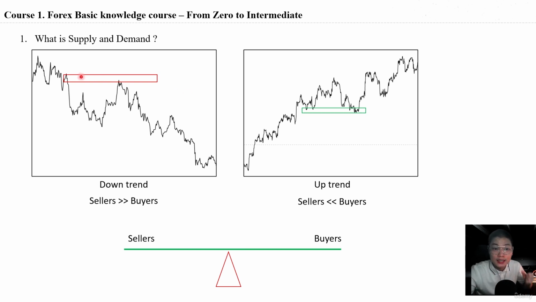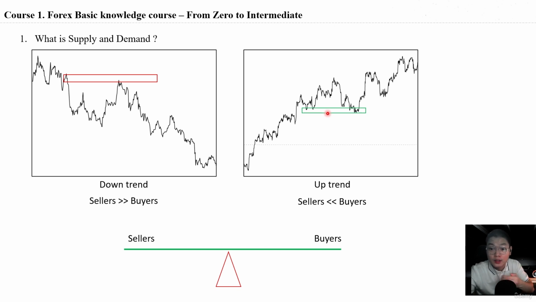And you can see on the chart, here is a supply zone, and when the price comes to the supply zone, it means that price comes to the place where most people want to sell to get the highest price possible, because most sellers always want more profits. Therefore, a high price is a good place. And here is a demand zone.